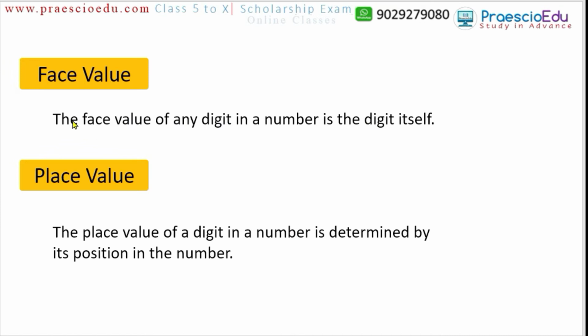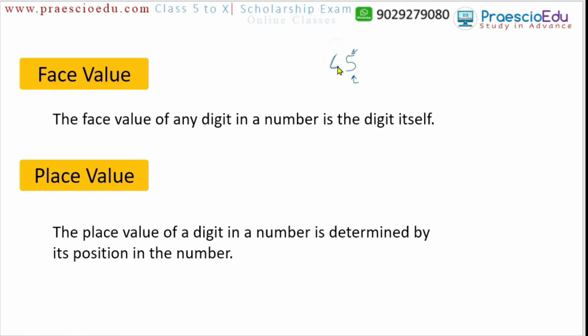So what exactly is the face value? The face value of any digit in a number is the digit itself. Okay, this is the face value. Suppose there is 45, this is the number. What is the face value at the unit place? At this unit place the face value is 5, the digit itself.